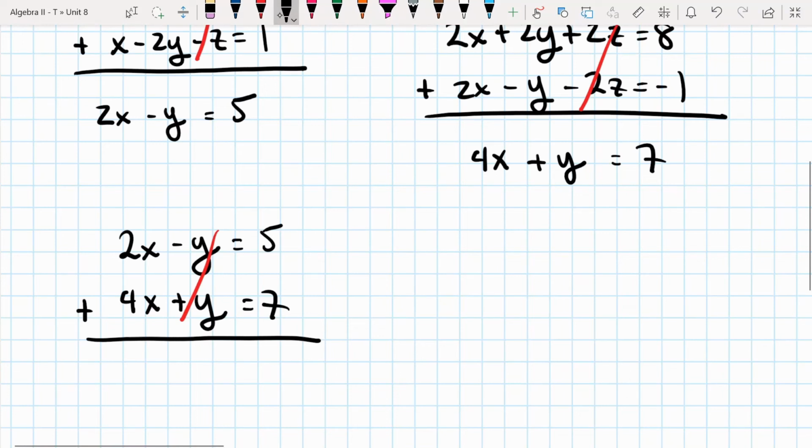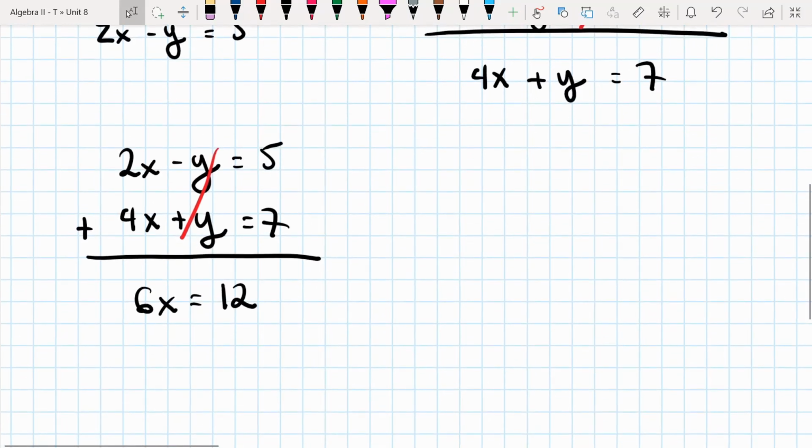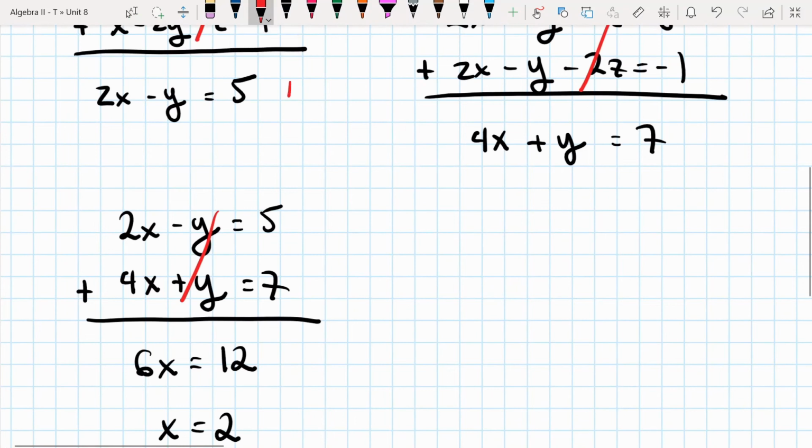And so we end up with 6x is equal to 12. And now x is equal to 2. Okay, so now this is really equation 4, and this will be equation 5.